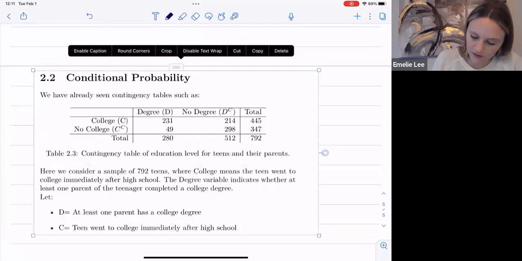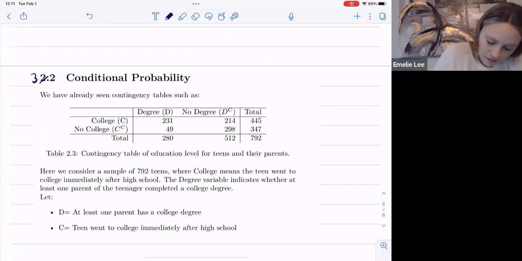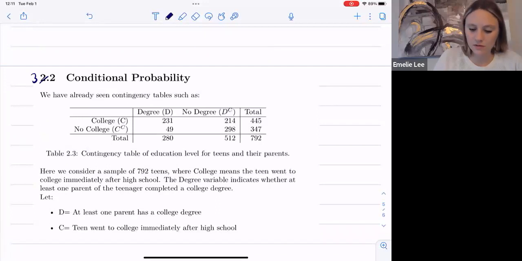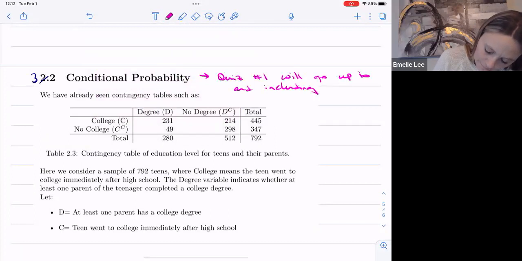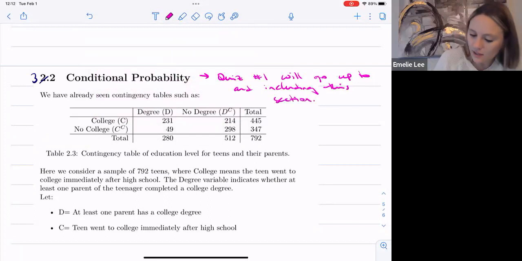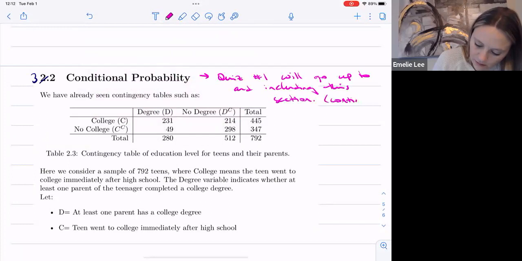And this is 3.2. Quiz number 1 will go up to and including this section, which we will continue next day.